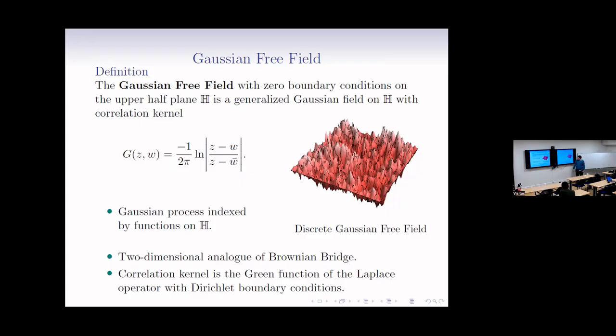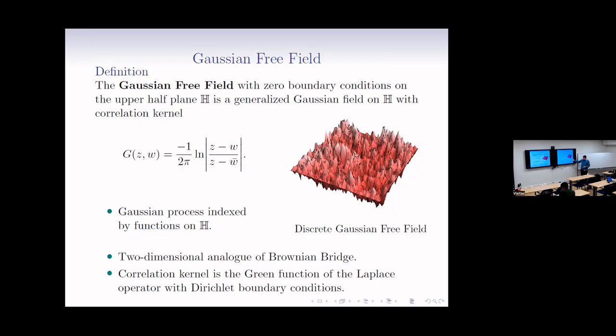What you do is you have some family of functions on the domain where the Gaussian Free Field lives, in this example a square, but in the example of interest it is going to be the upper half plane. Then you can compute the integral of these functions against the Gaussian Free Field, and you obtain some random normal variables. Okay, so this gives you some idea of what a Gaussian Free Field is.